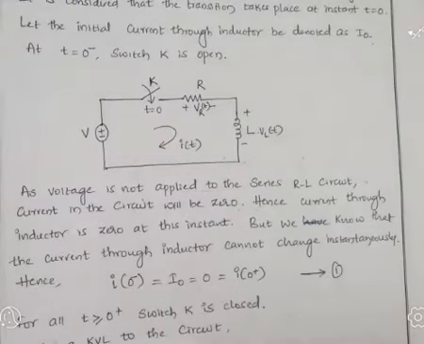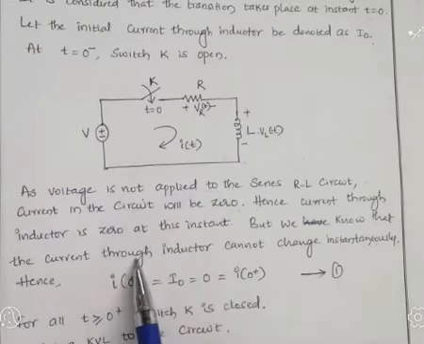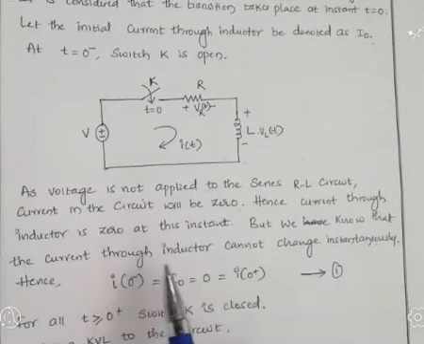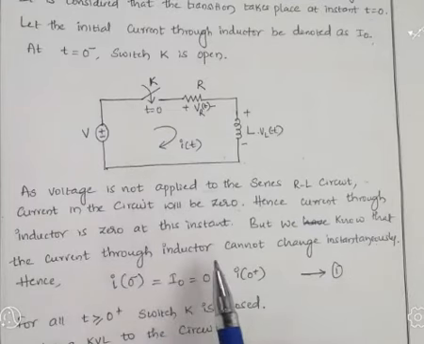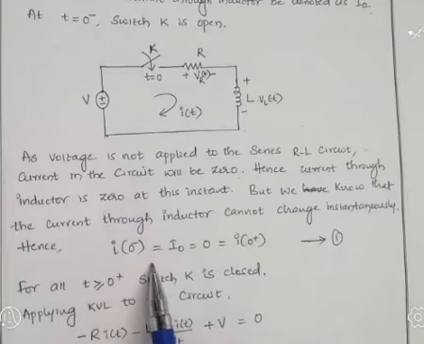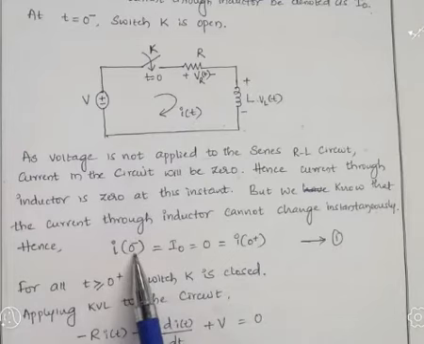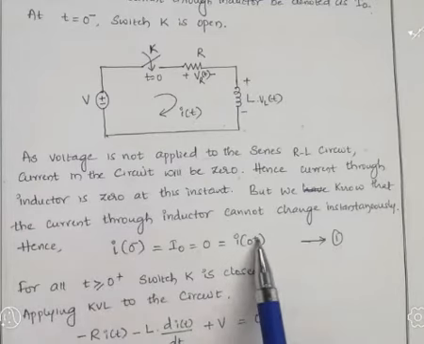This indicates that current through the inductor cannot change instantaneously. It means the current before the switch and the current immediately after the switch are both the same. We express this statement in a mathematical equation as I of 0 minus, before the switch, is equal to I of 0 plus, after the switch.